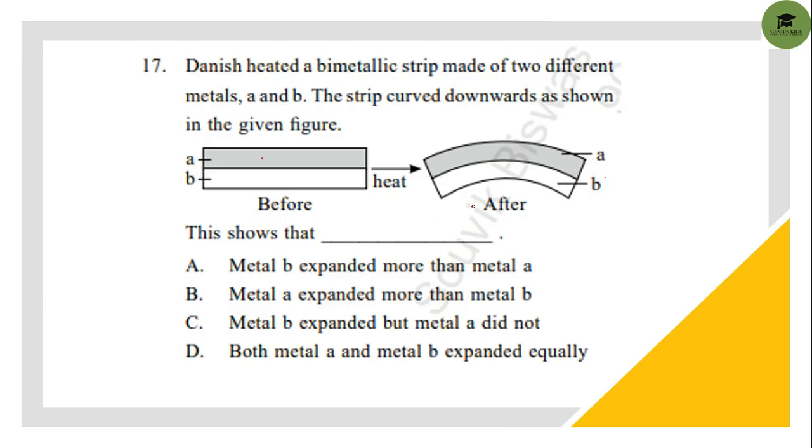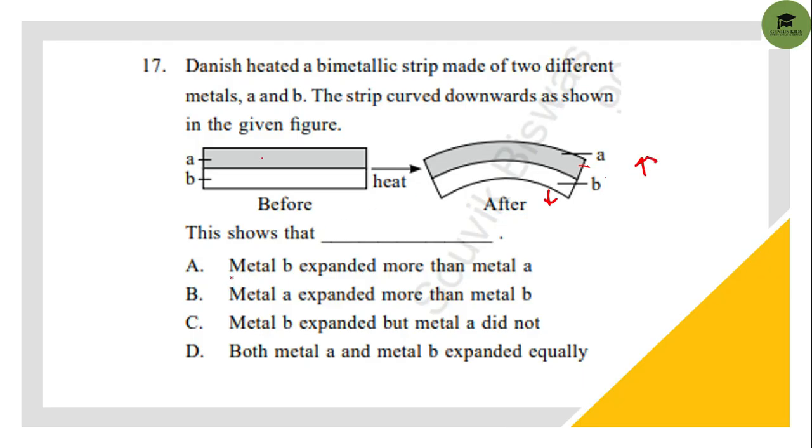After heating, metal A is expanded more. That's why it is bent downwards. If metal B expanded more, then it would bend upwards.